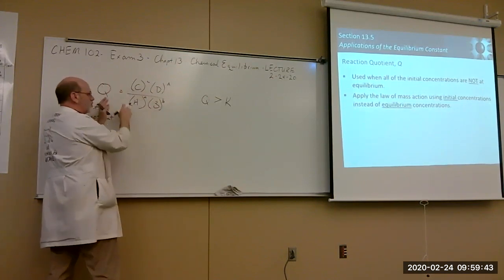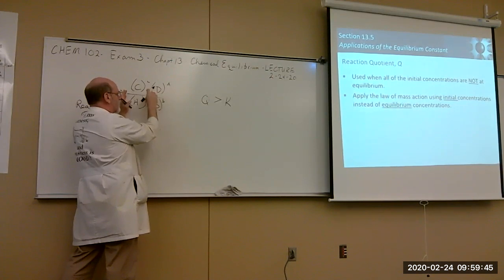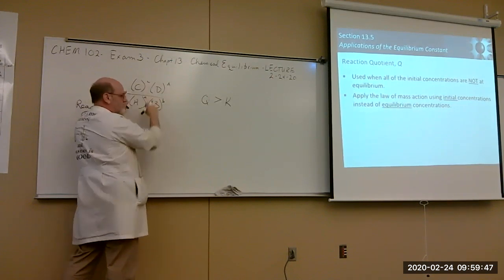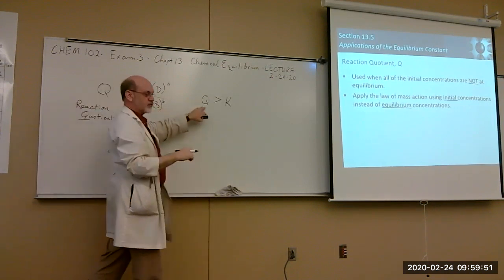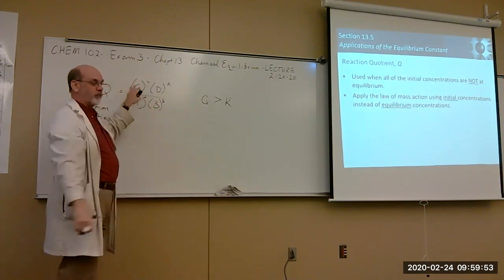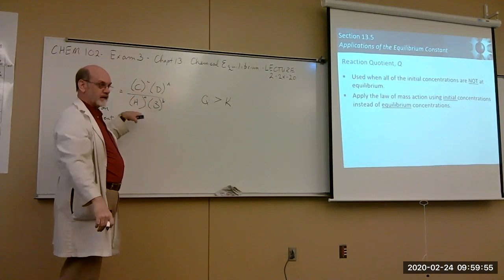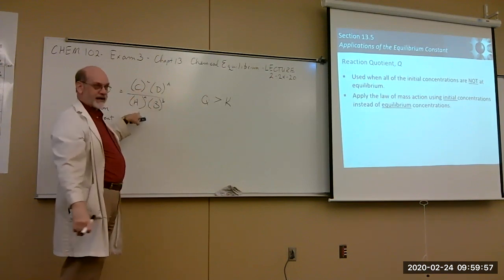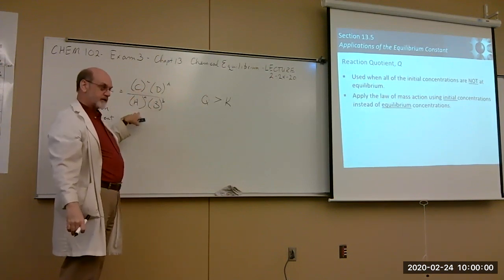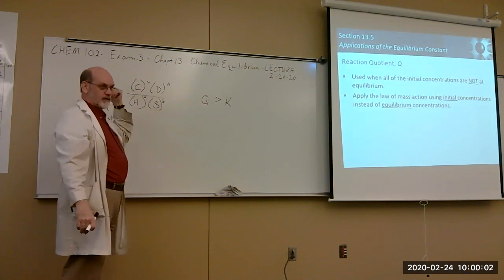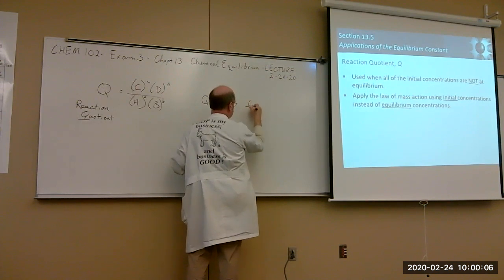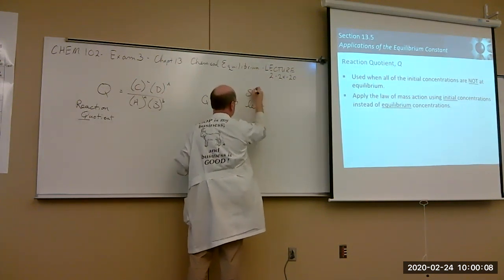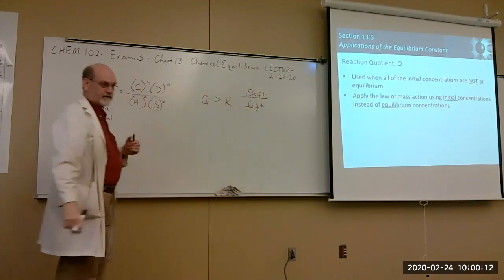But the only way to make Q bigger than K is if we increase products, decrease reactants. So if you have more products than you need and less of the reactants, which direction is it going to go? Back toward reactants. So it's going to shift to the left. Okay, does everybody see that?